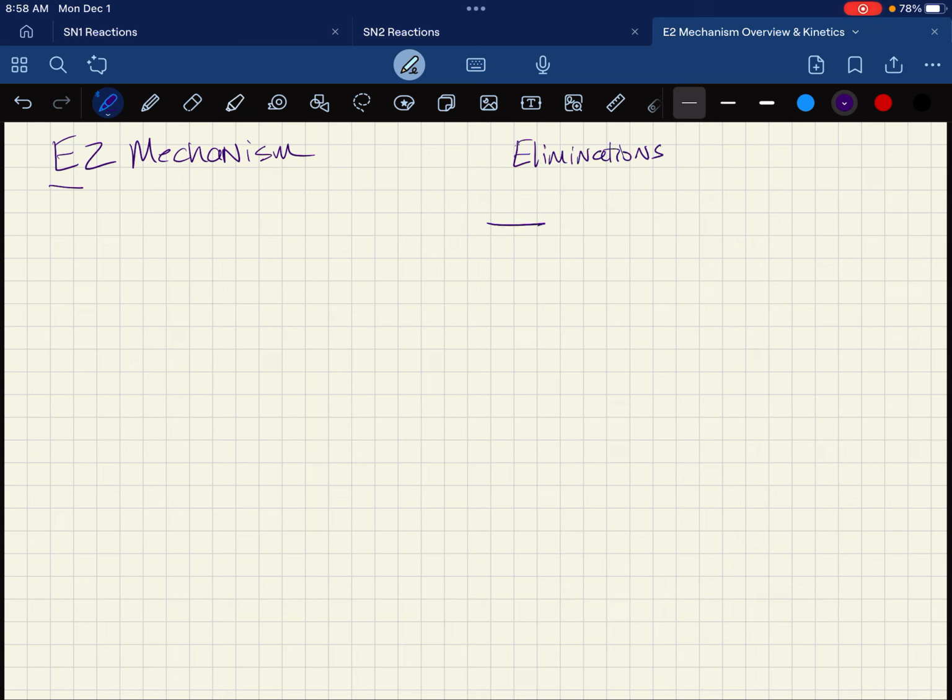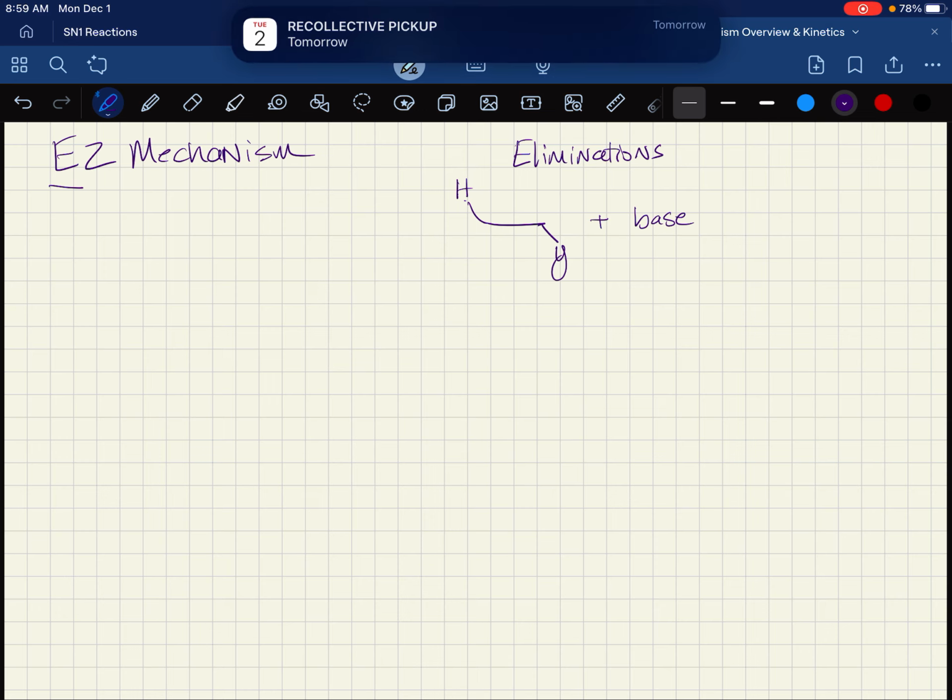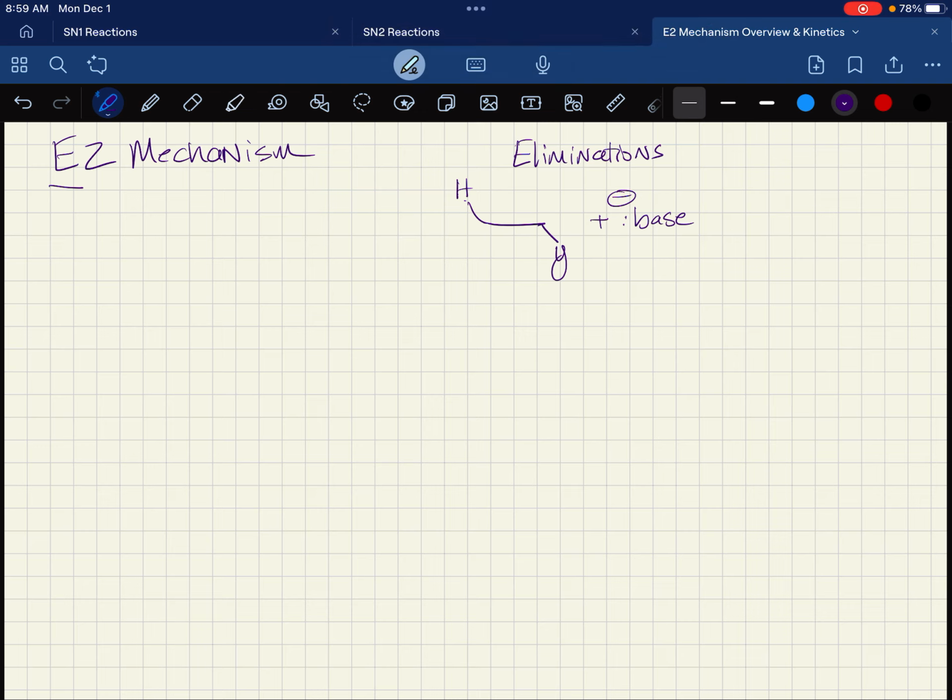which overall look like this, where we have X and Y, where often one of the two will be a hydrogen atom, and we usually have a base as the other reagent. And in the final product, we have an alkene, or we've created a new pi bond.